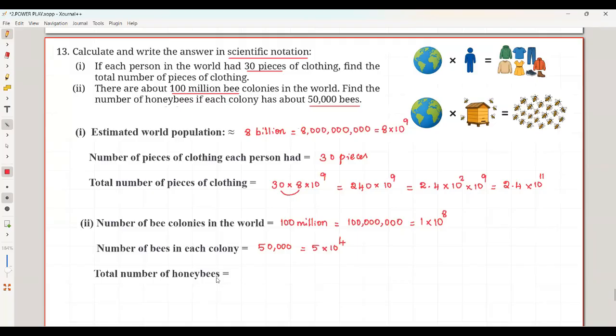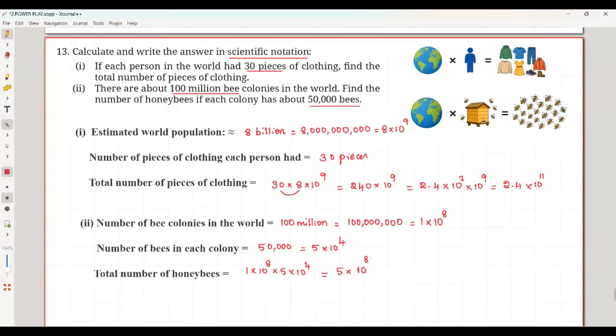For the total number of honeybees, we have to multiply 1 into 10 to the power 8 with 5 into 10 to the power 4. First multiply the numbers: 1 times 5 is 5. The bases are the same, so keep the same base and add the powers, 8 plus 4.